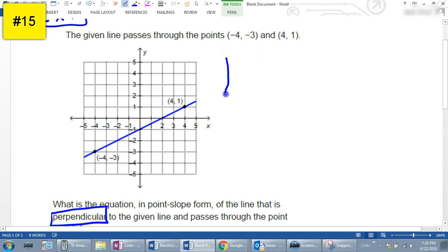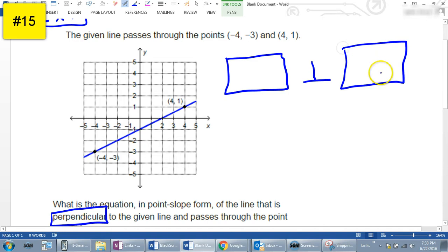That means we need to do the thing we did before, where we have a slope and then we have a perpendicular slope, and then we go with the new one. So first of all, let's look at this and find the slope. Now if we didn't have the graph, we could just do the slope formula, y minus y over x minus x. But we have the graph.